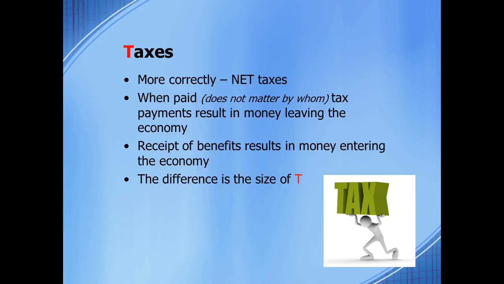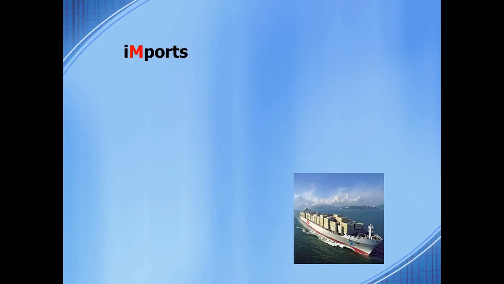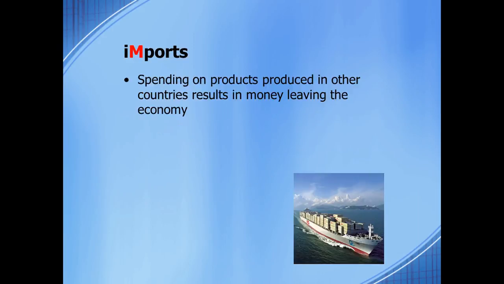The third way money leaves the circular flow of income is through imports. Spending on products produced in other countries results in this money leaving our economy. So if you go online and buy something from a different country, that money leaves our economy and enters somebody else's economy.